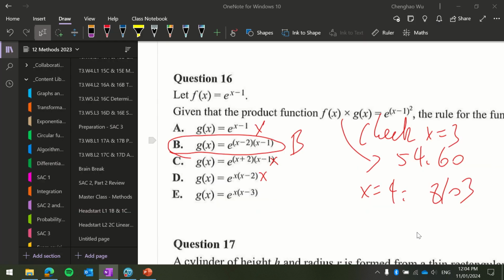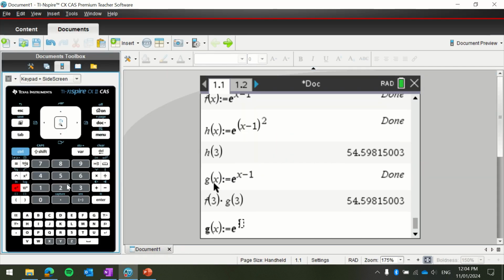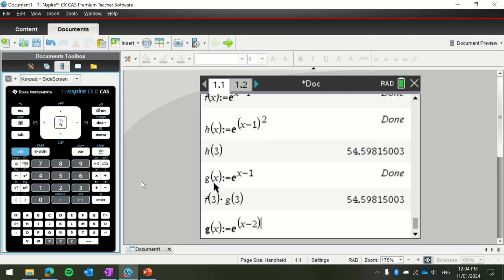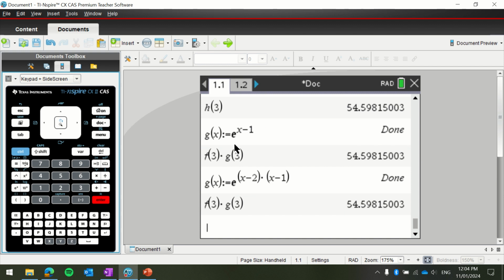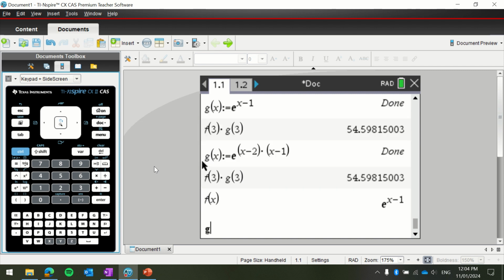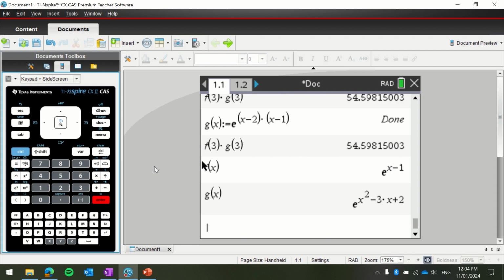Interesting. I may have written down the wrong answer in my first try of the question. So x minus 2, x minus 1. I'm now trying option B and trying this again. That is still correct. Yep, if I do this now.